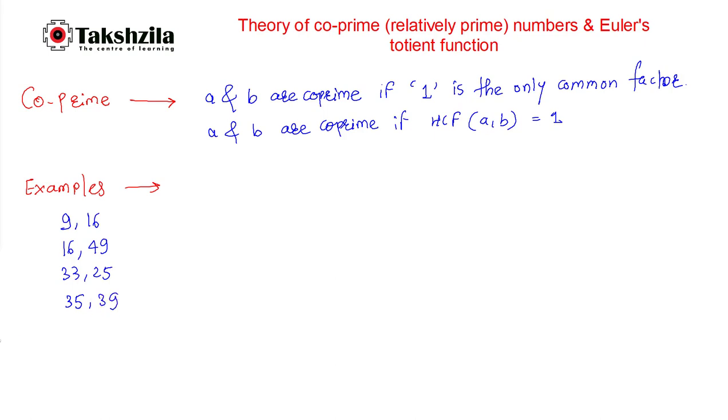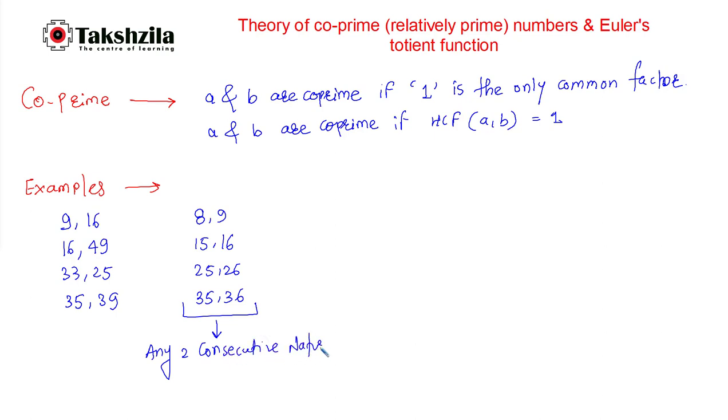Now a few other examples: 8 comma 9, then 15 comma 16, then 25 comma 26, then 35 comma 36. So from this we can say that any two consecutive natural numbers are co-prime.